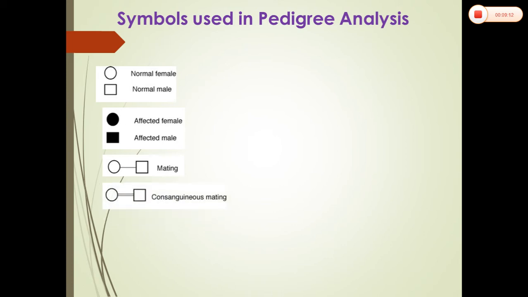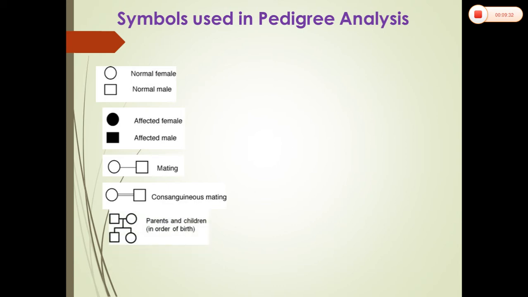If there are two horizontal lines between circle and square, it shows consanguineous mating, meaning a marriage between close relatives.